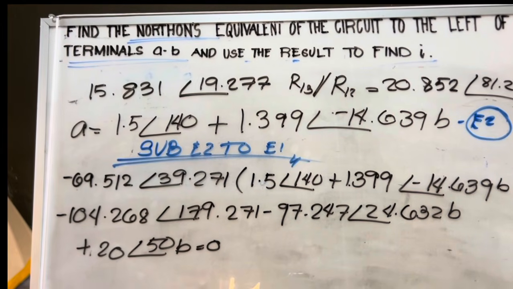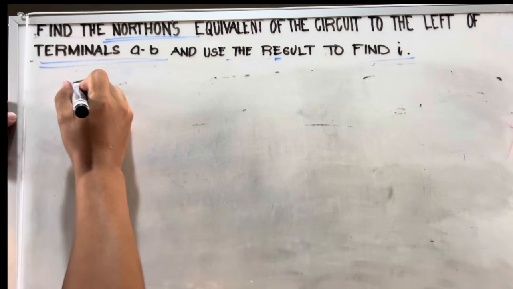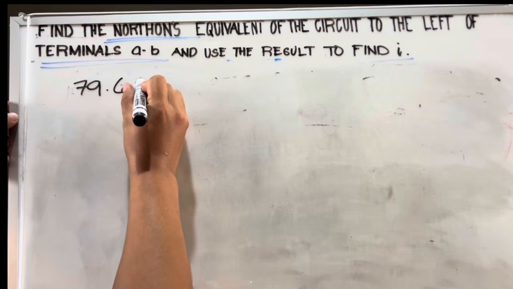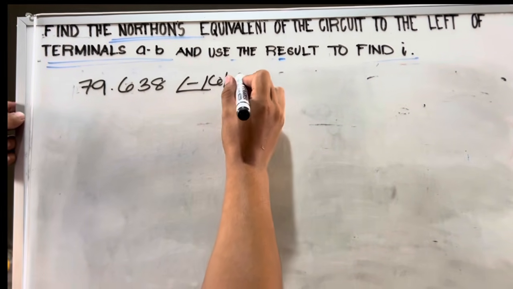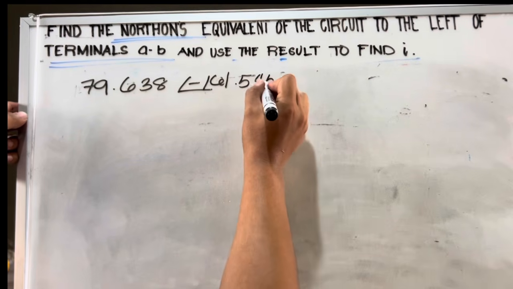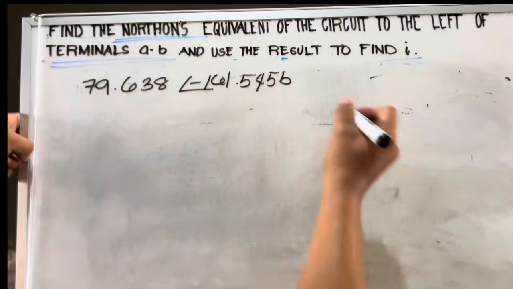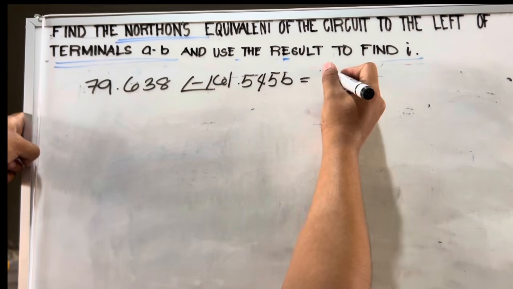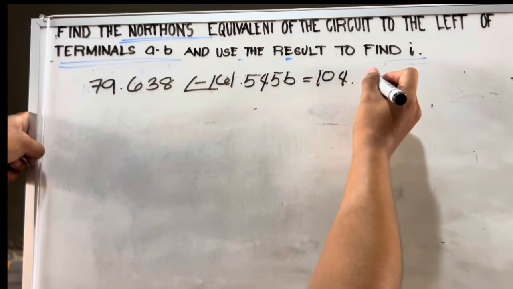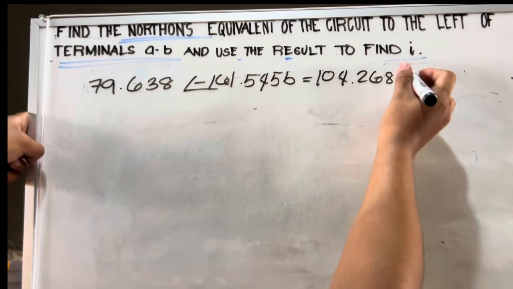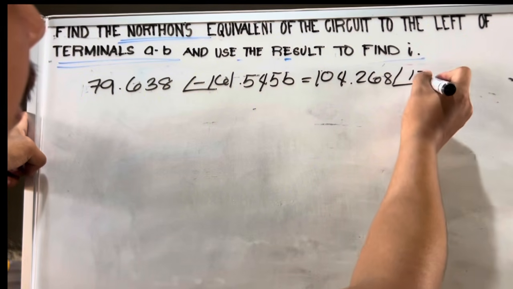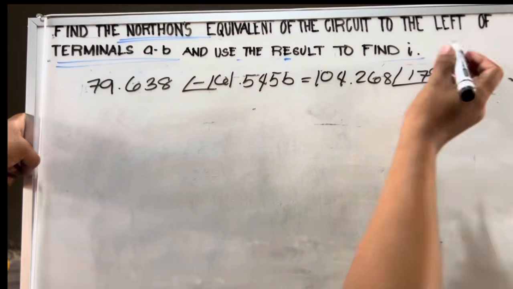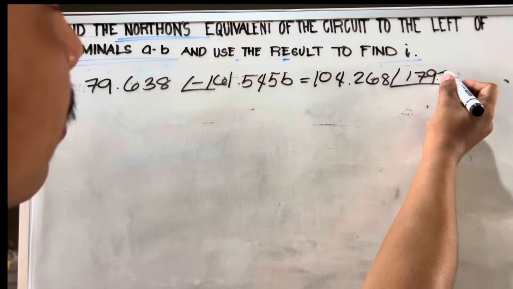Okay? We will now have 79.638 angle of negative 161.545 times B is equal to 104.268 angle of 179.271.